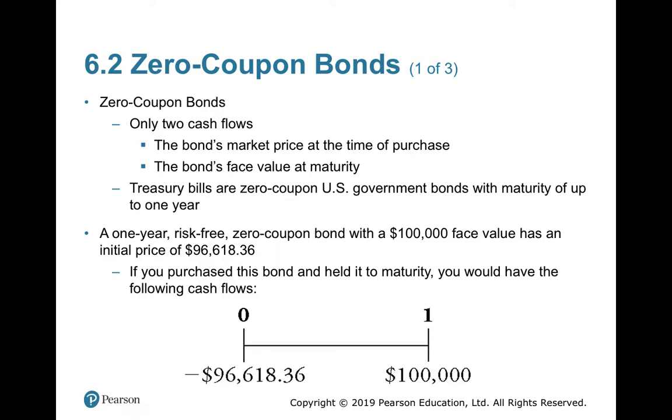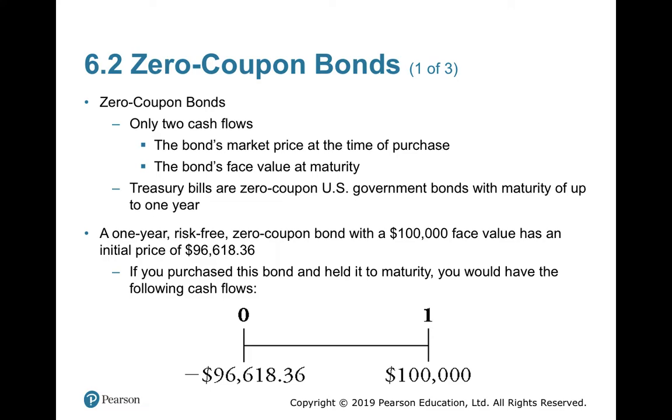In the beginning, the bondholder will pay 96,618.36 to buy the treasury bill right now. That means the bondholder will have to pay 96,618.36 at the beginning today to buy the treasury bill.